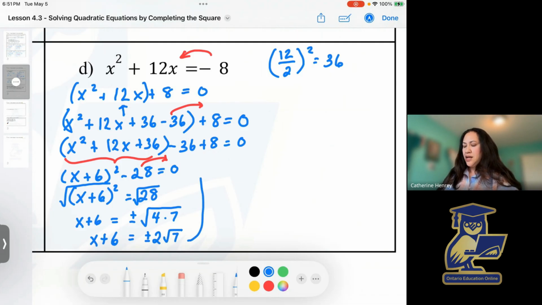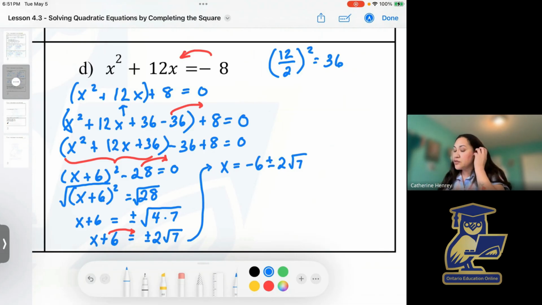Not quite done yet. Let's solve for x by moving the positive 6 over to the other side. So I will have x equals negative 6 plus or minus 2 times the square root of 7.